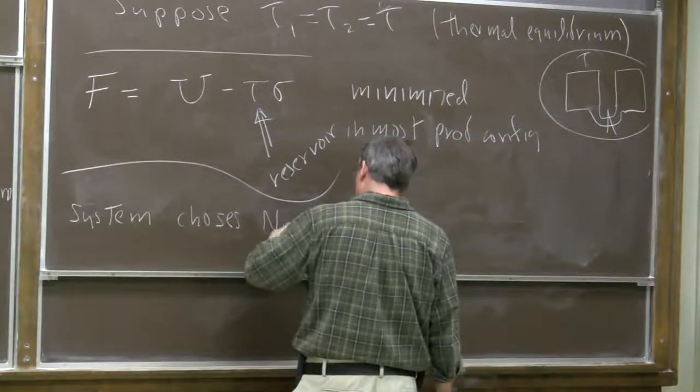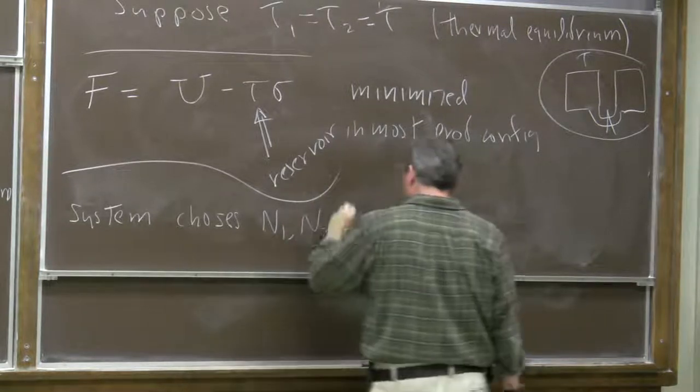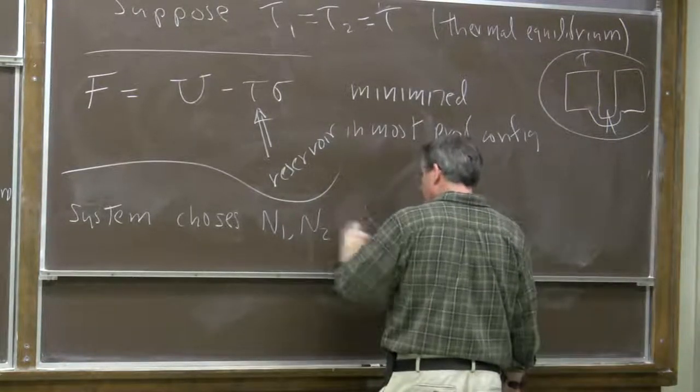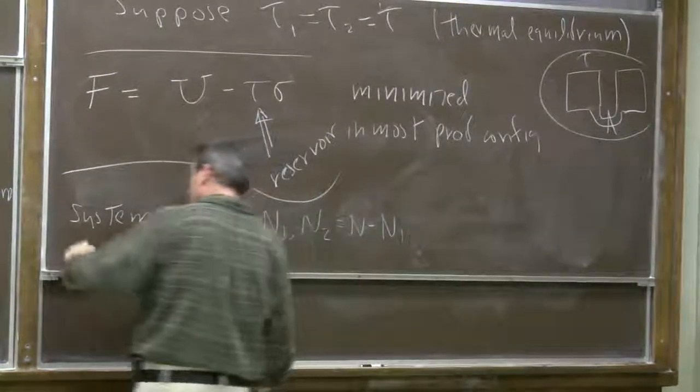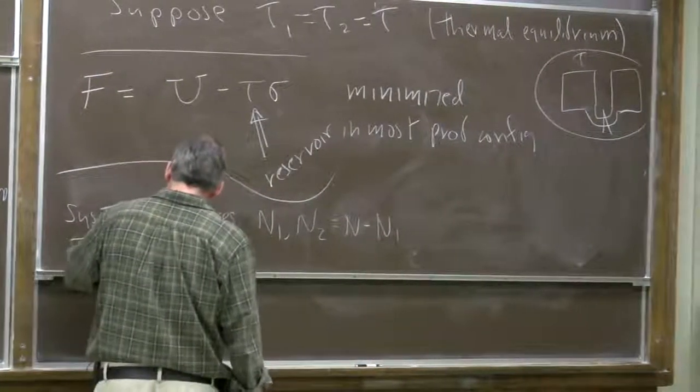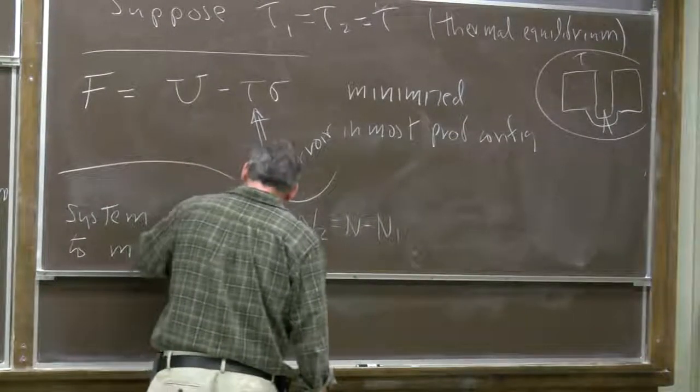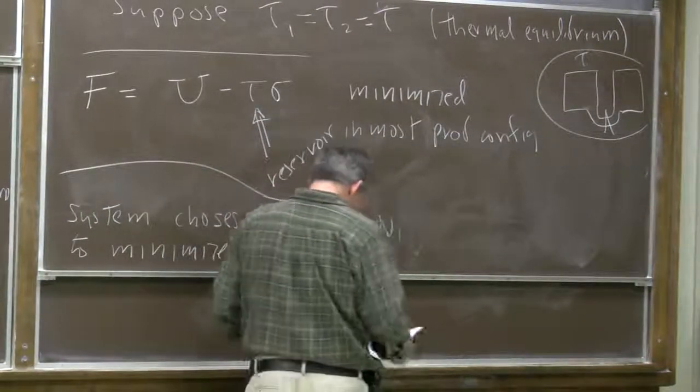It chooses N1, and N2 equals N minus N1, to minimize Helmholtz free energy.